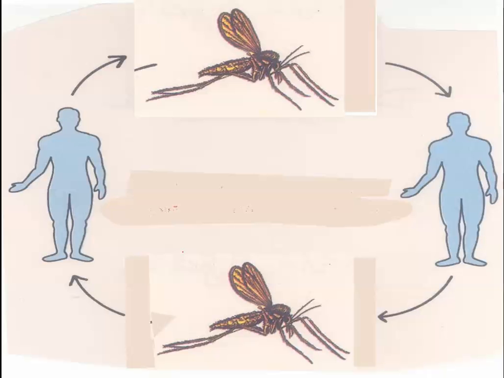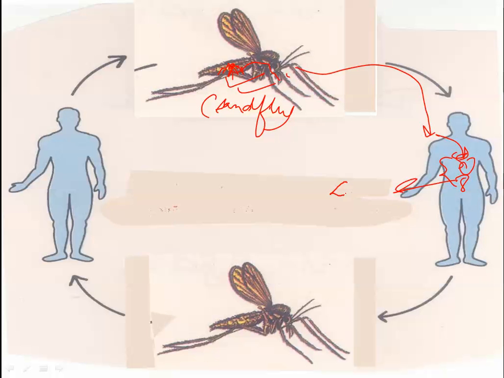Now this slide shows you how the parasite is transferred. First of all, the parasite is inside the sandfly. This is the sandfly. Fine. So inside the gut of the sandfly, this parasite reproduces. After the reproduction, it enters the mouth parts. When the sandfly bites humans, it gets inside the humans and affects various organs, like liver, spleen and bone marrow.